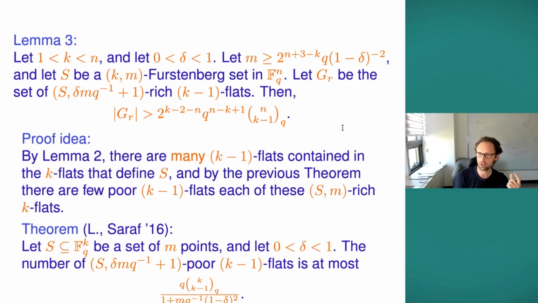So it's a question of choosing the parameters so that when we subtract the total number of poor k-1 flats that we can have in all of the flats of F from the number of k-1 flats that we know must be contained in the flats of F, there's a lot left over, and these have to be the rich k-1 flats that we were looking for at the beginning.